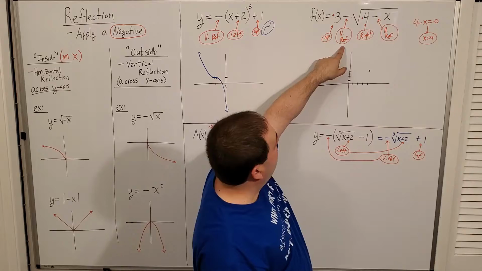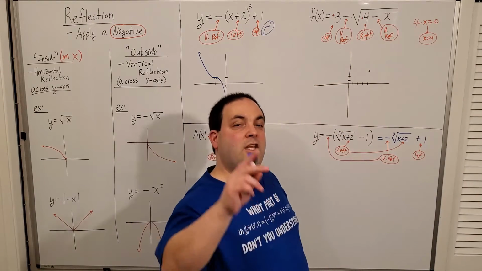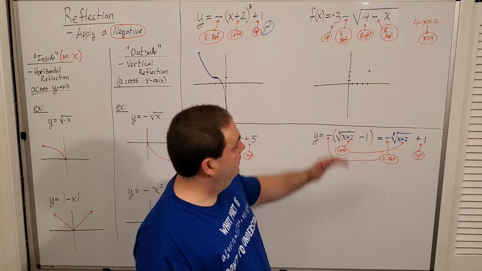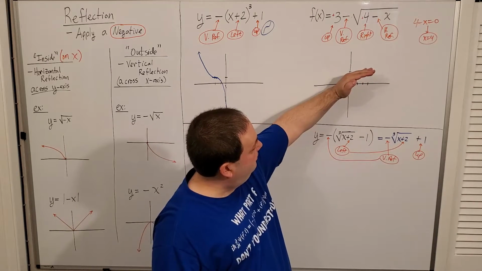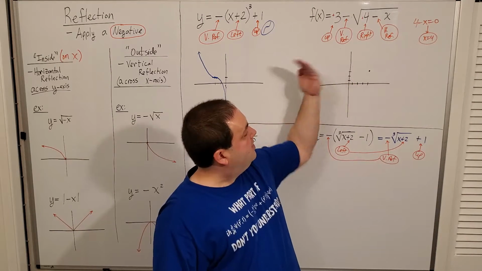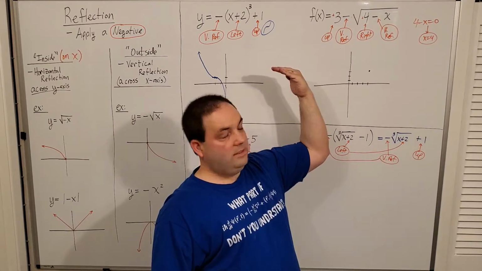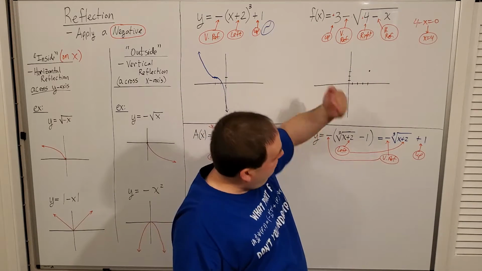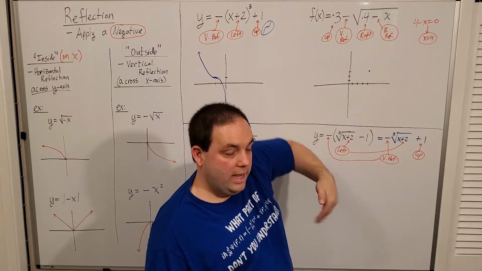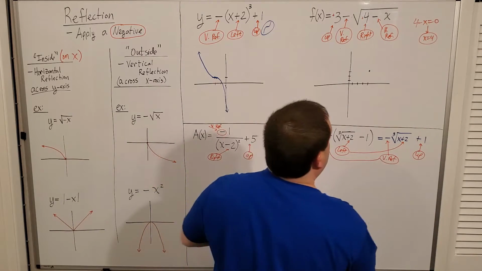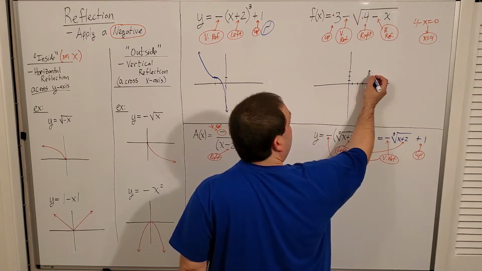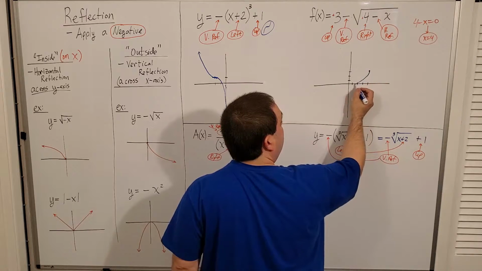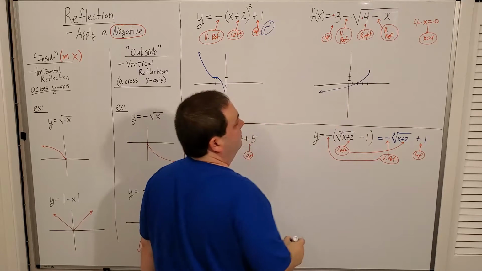It has been vertically and horizontally reflected before I shift it. Okay, so normally it would be here at the center. It's been horizontally reflected, so it's going to point to the left, and it's been vertically reflected. It's both. So it's going to shift down and left. So then the actual graph is going to look like this. Like that.